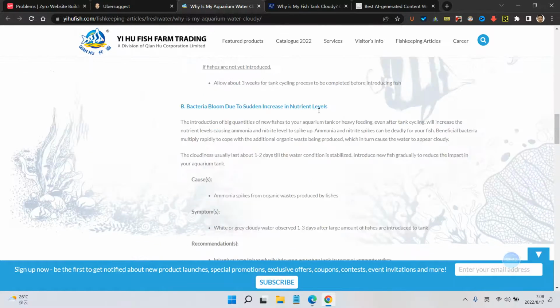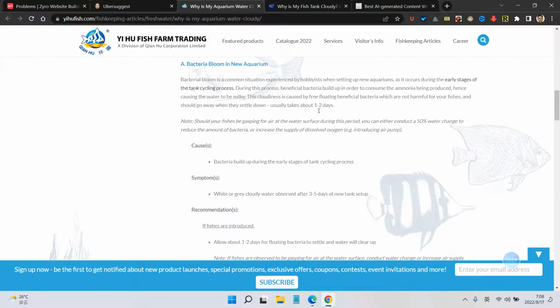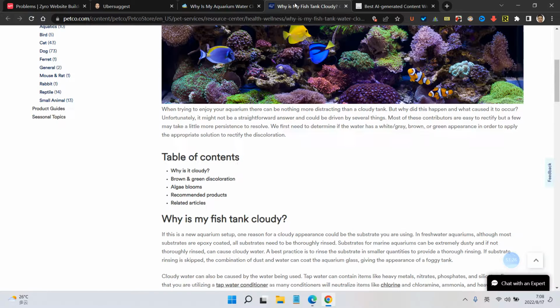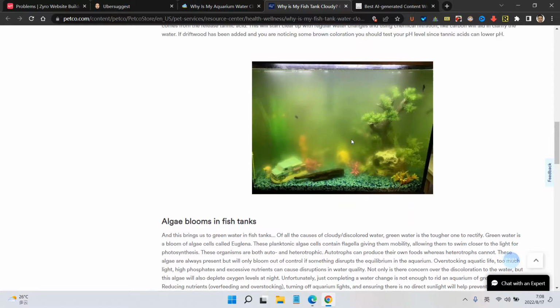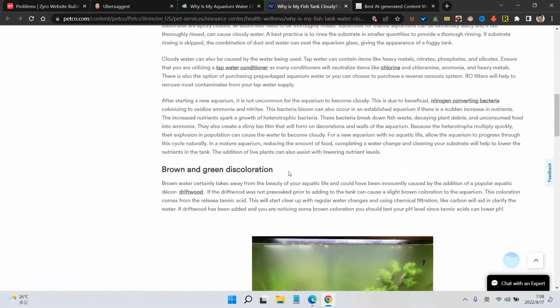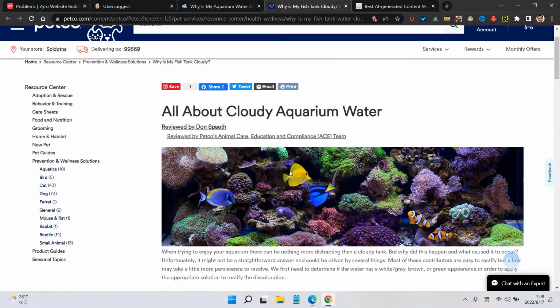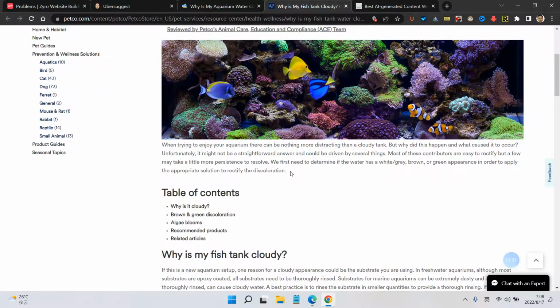Also, we can use AI to write something like this one, right? And copying like this one is not a big problem. So what are they lacking?